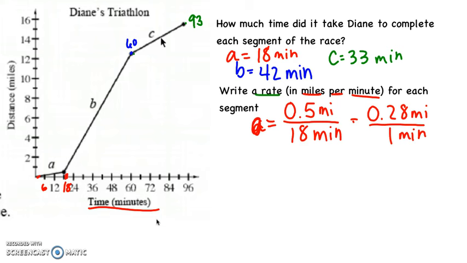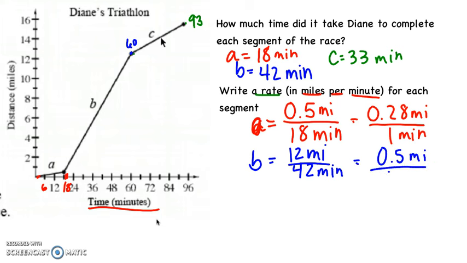All right, B. On the previous slide, we found out it was 12 miles per, and on this slide, we found 42 minutes. So we get 0.5 miles per 1 minute. And the last one, C, we found out on the previous slide that it was 3 miles.